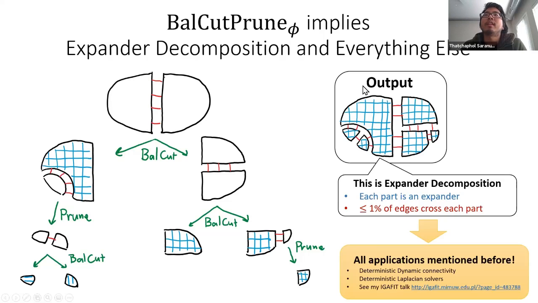Combine everything here. This induces a vertex partition of the graph, and it can be shown that this is exactly something called expander decomposition, where each part induces an expander and there are few edges crossing between parts. And once you get an expander decomposition deterministically and fast, you basically get everything else. You can see it in the paper, or I gave a talk on this in this link.